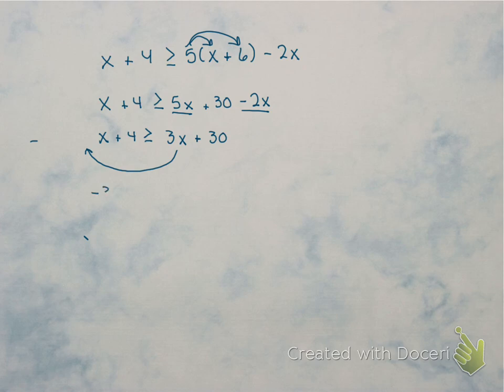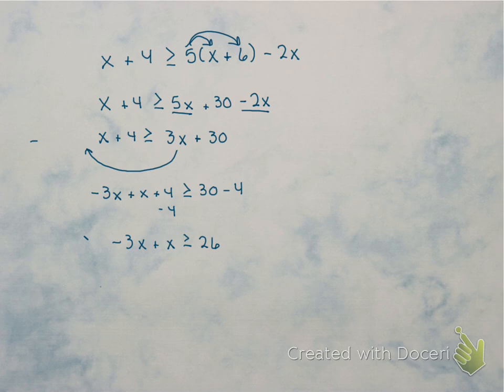Okay, so we'd have negative 3x plus x plus 4 greater than or equal to 30. Now we're going to move the 4 over by subtraction. Again, you'd be doing this exact same thing if you were solving equations. And 30 minus 4 is 26.